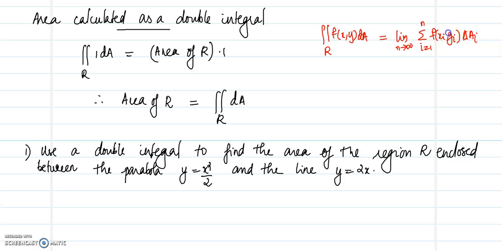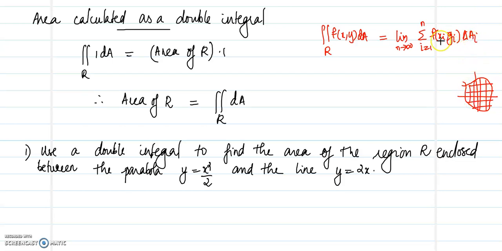So here we are multiplying each, that is, we have the region R, and we divide R into small rectangles. So the area of the rectangles will be delta Ai.